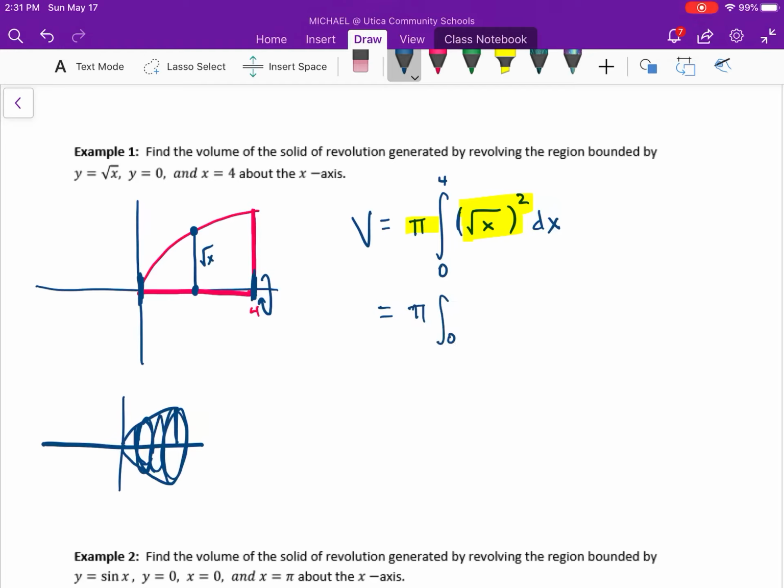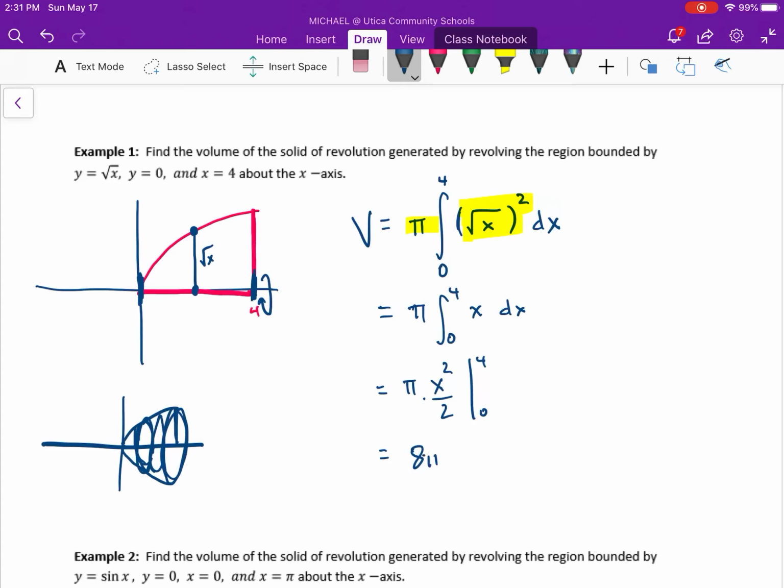All right, so let's go through this again, step by step. If I simplify this, the square root of x squared is just x. And then keep on going. The integral of x is x squared over 2. And we're going to evaluate that from 0 to 4.